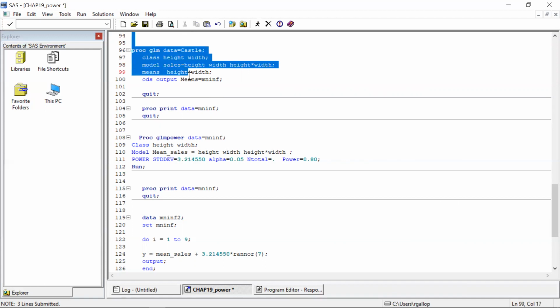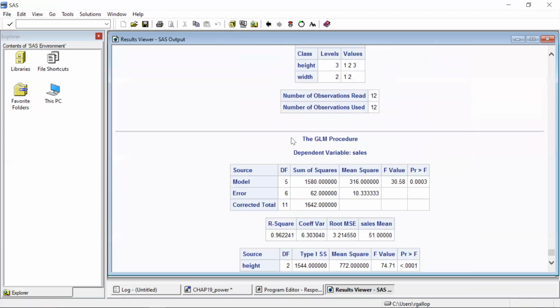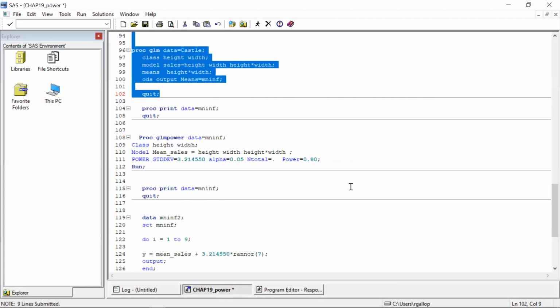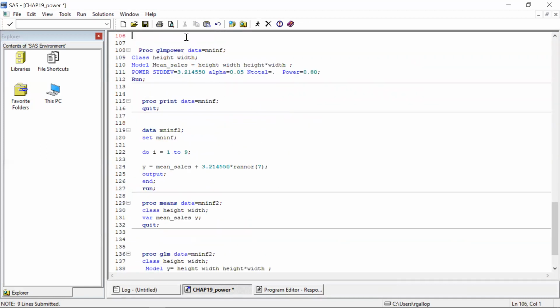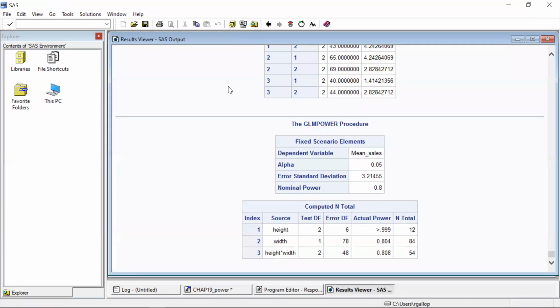So just run this again real quick. So in this analysis, my root MSE is 3.214550. So when I'm here, I could put the cell mean data file into the data set, my root MSE, and as you guys can see here, I would need 54 total subjects to have a significant interaction.